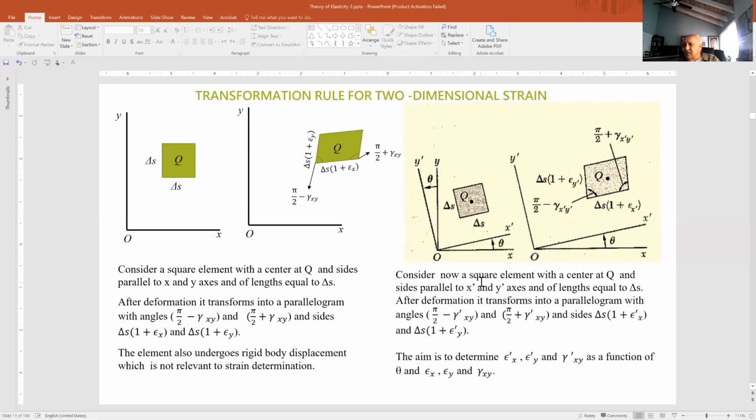Now, if we choose a new coordinate system, which makes an angle theta with respect to the old coordinate system, the question is what would be epsilon prime x, epsilon prime y, gamma x prime y prime with respect to this new coordinate system. So the aim is to define the strain with respect to the new coordinate system, and it is a similar background to what we had with the case of stresses.